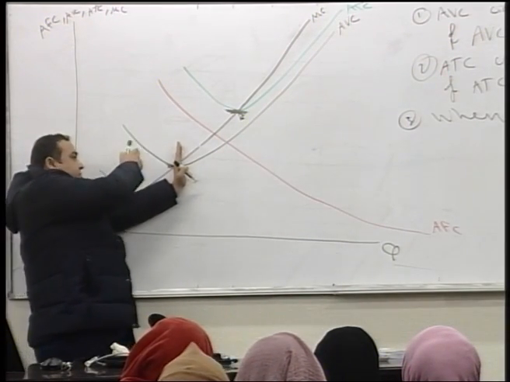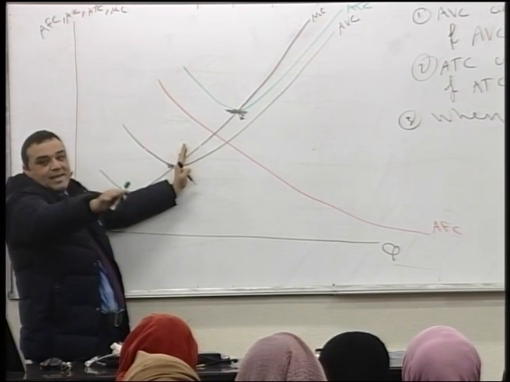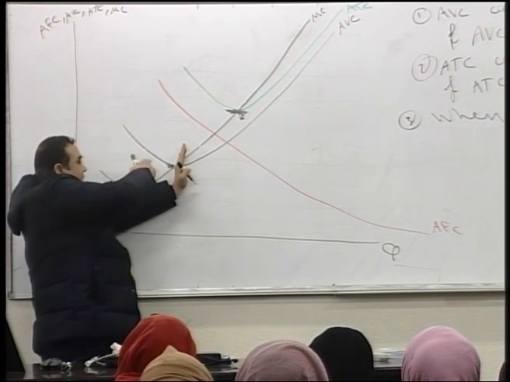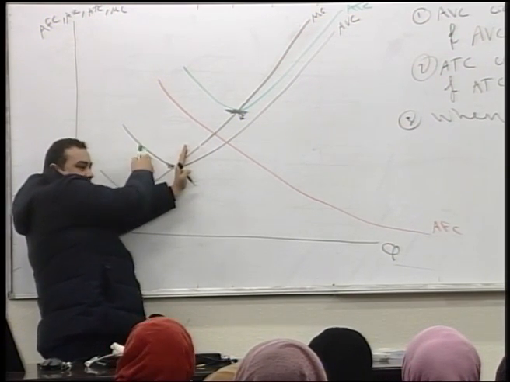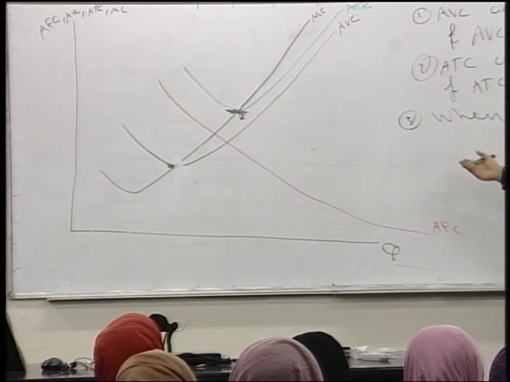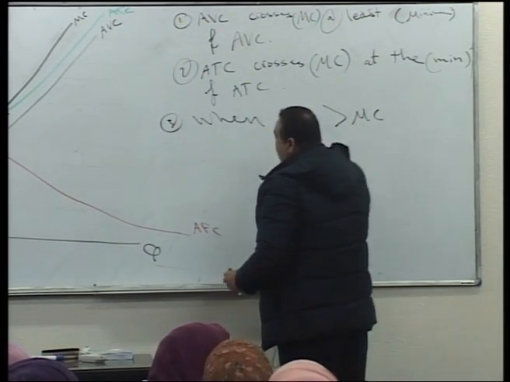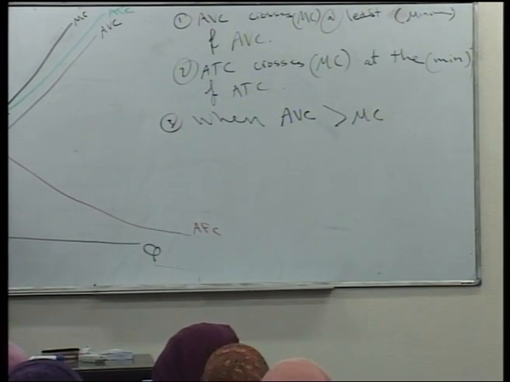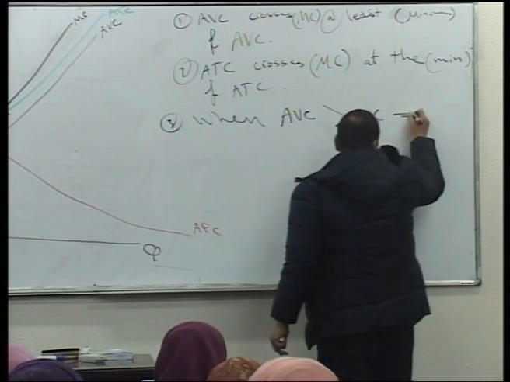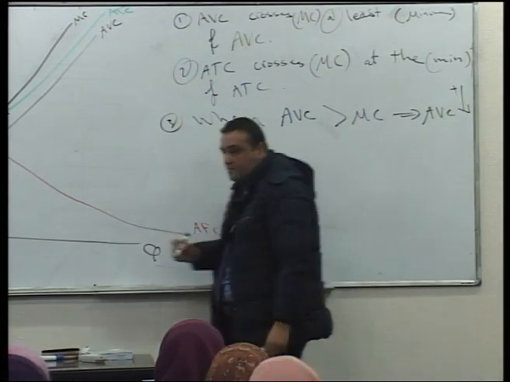So at the left side, AVC is bigger than MC. You will all get confused at the end between ATC and AVC. When AVC is bigger than MC, at the left side of point A, AVC is decreasing, all positive of course.